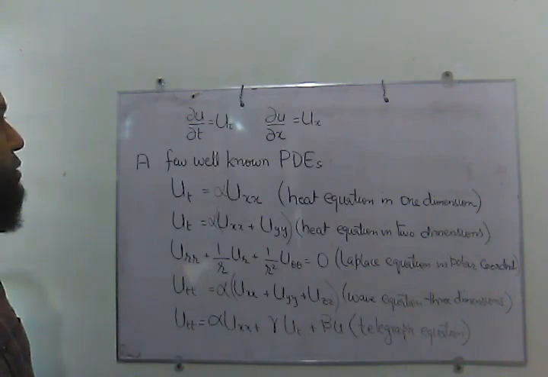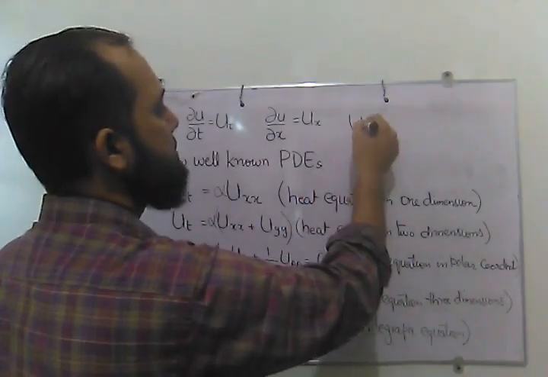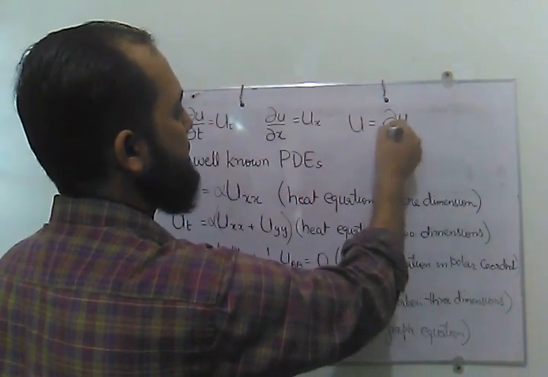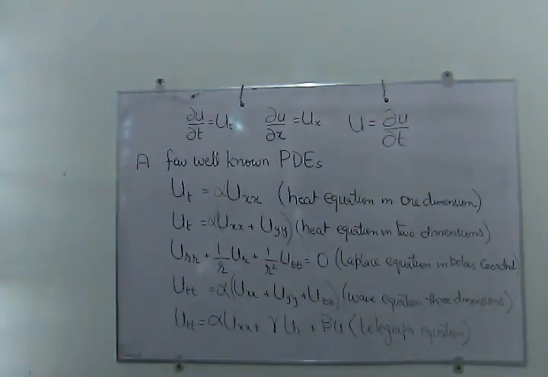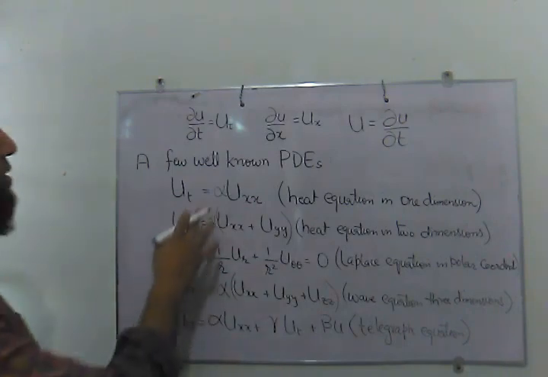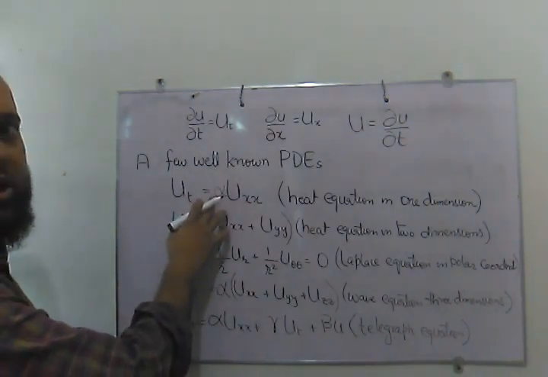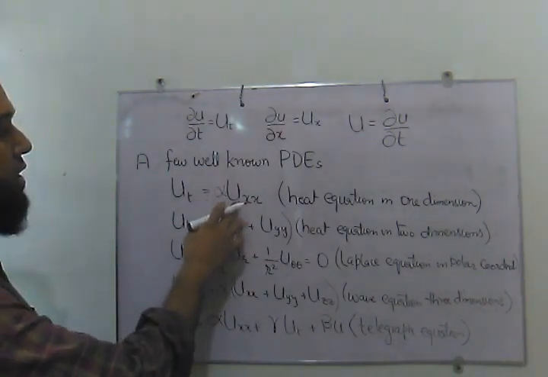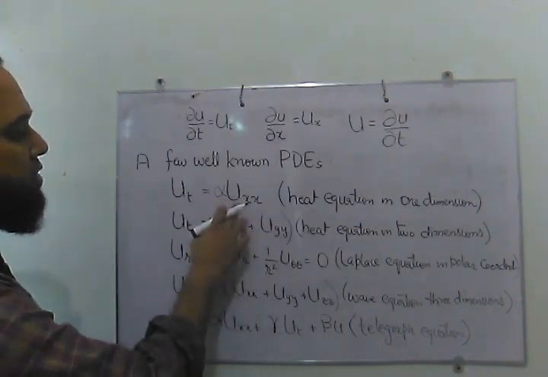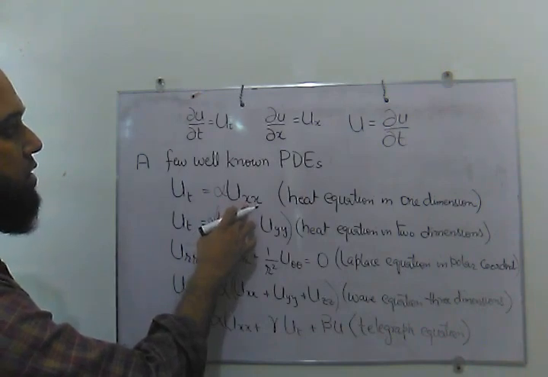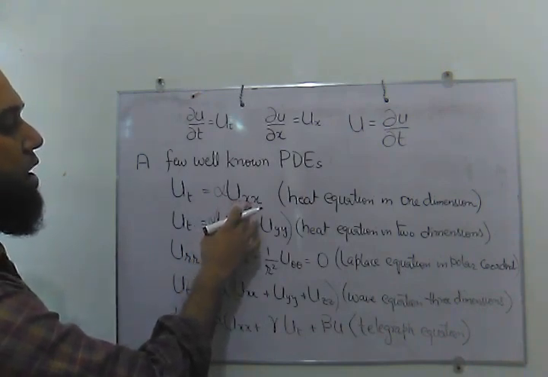So we know that u_t is ∂u/∂t, and this is only the first derivative. Then this alpha represents a constant, and the temperature, because this is the heat equation, is differentiated twice with respect to the x-axis.